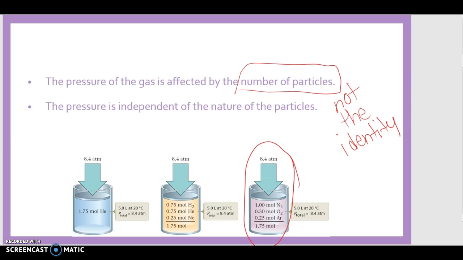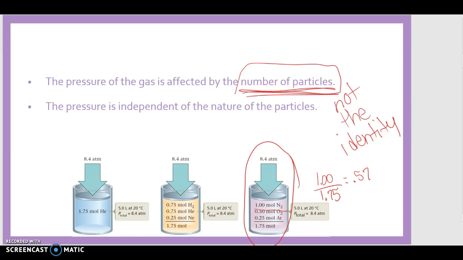Well, I could easily figure out the individual pressures of the nitrogen, oxygen, and argon because, like I said, it's all about the number of particles. So the percentage that is nitrogen: 1 mole out of 1.75 moles is due to the nitrogen. So that's like 57%.